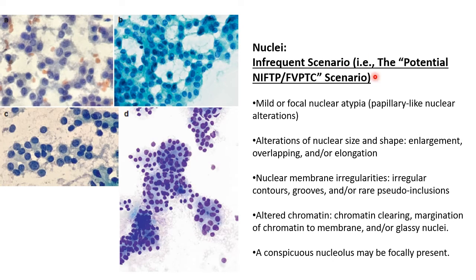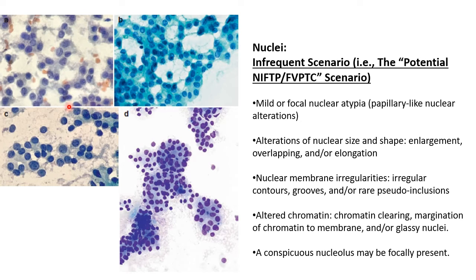The infrequent scenario, or the potential NIFTP or FVPTC scenario, is where there is mild or focal nuclear atypia. By nuclear atypia I mean changes in the nuclear shape, elongated nuclei, irregular nuclear margins; sometimes grooves can be seen, like seen in this particular case. Nuclei can be enlarged, there may be overlapping of the nuclei.